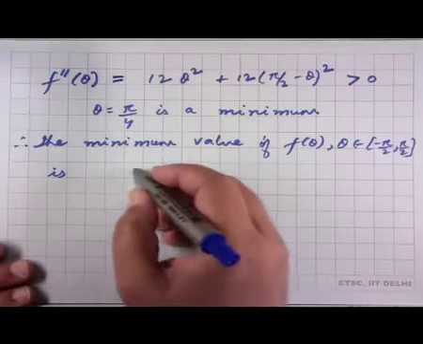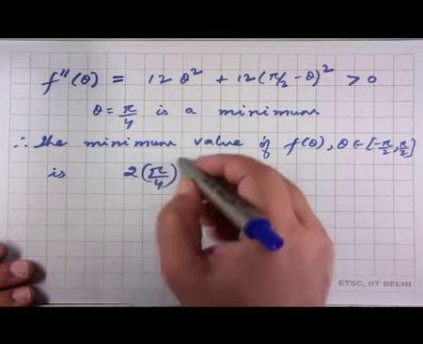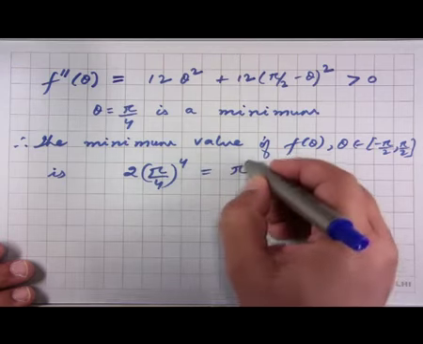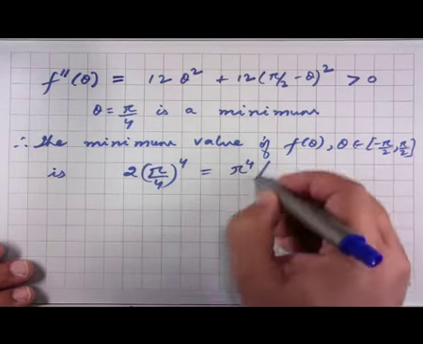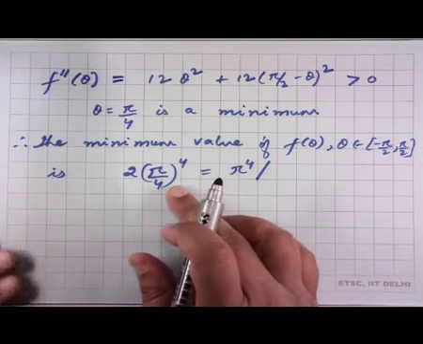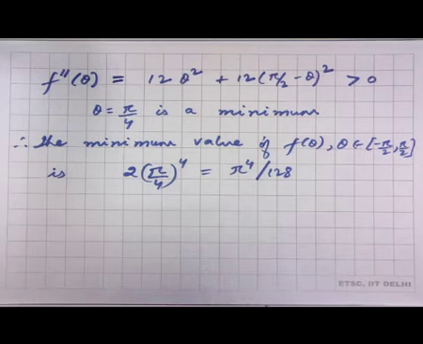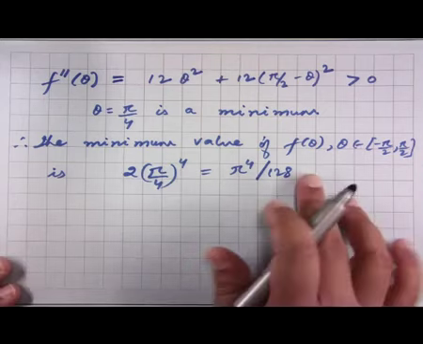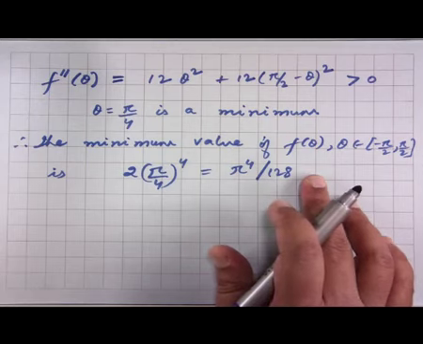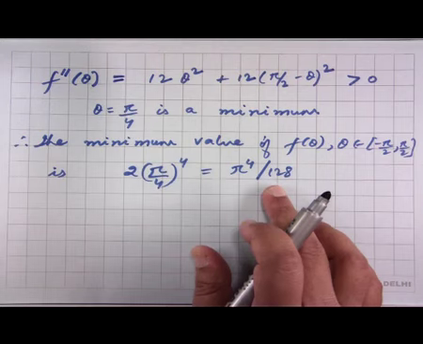So the value automatically becomes 2 times pi over 4 to the power of 4, which is pi to the power 4 over 4 to the power 4, that is 256. So it is pi to the power 4 over 128. So this is the minimum value of this. So the minimum value of sin inverse x to the power 4 plus cos inverse x to the power 4 is pi to the power 4 over 128.